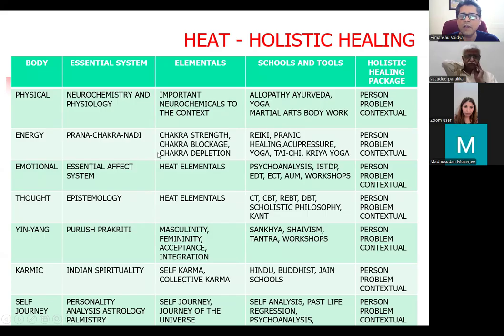For the energy body, people talk about Reiki, pranic healing, acupressure, yoga, Tai Chi, Kriya Yoga. So here you have all the healing modalities. And what one can do is one can look at the person, and based upon the pathogenesis, if you do pathogenesis in these holistic terms, then you can prescribe a holistic healing package here. We'll go into details when we come to it, but I just wanted to share it with you.